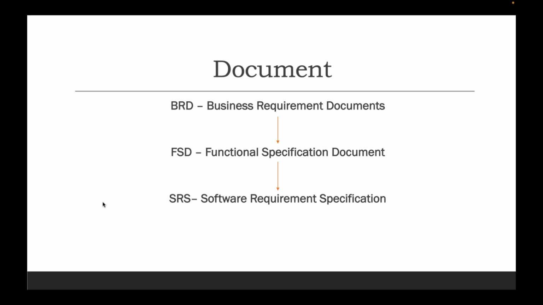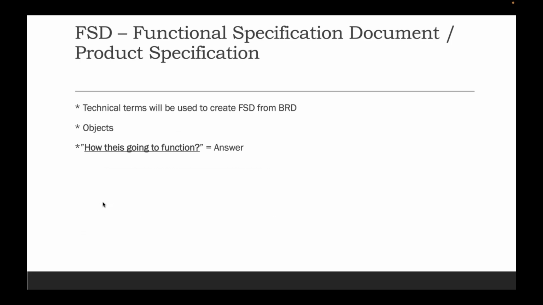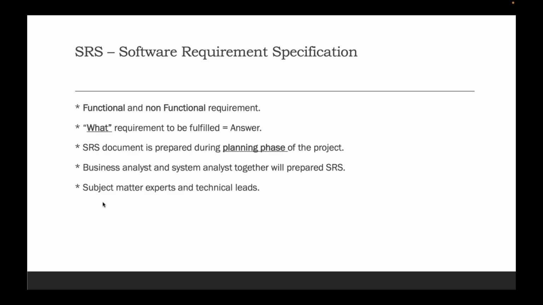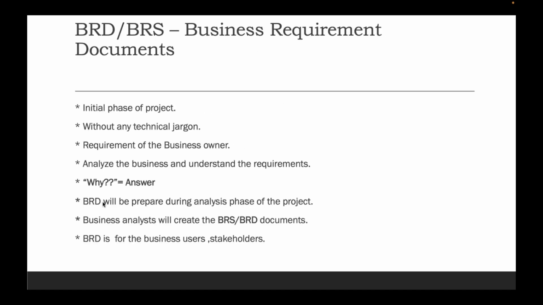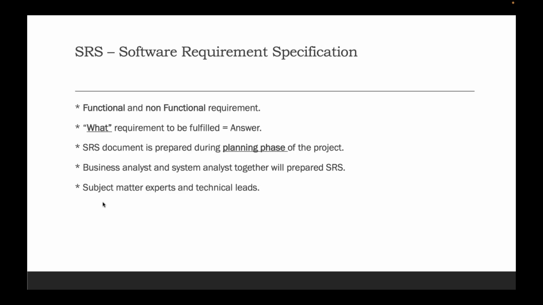We can call it either way, a few companies call it in this way, or either of it. So what do business requirements cover? Why are we going to develop this product or project? How is it going to function? And what purpose is it going to serve? So this is about it.